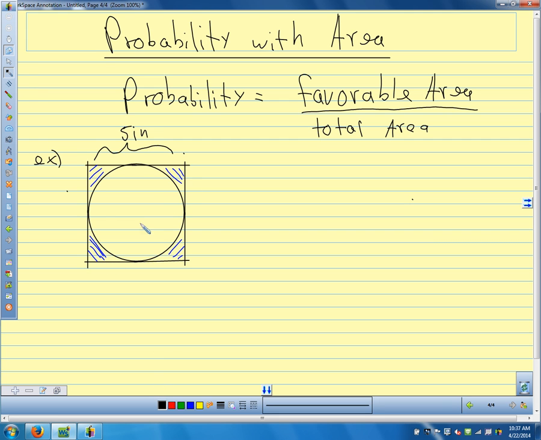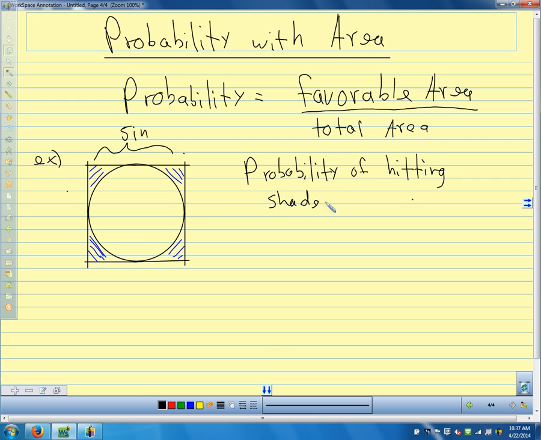So we're tossing a dart at random into the square. We want the probability of hitting the shaded part. So our probability is the favorable over the total, always.